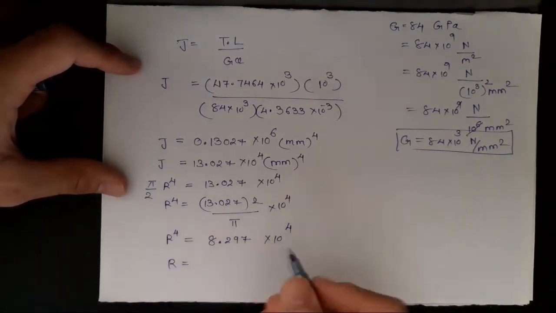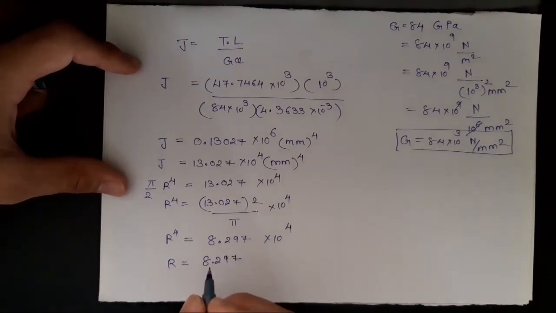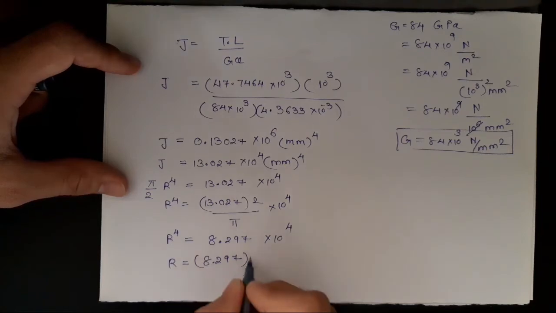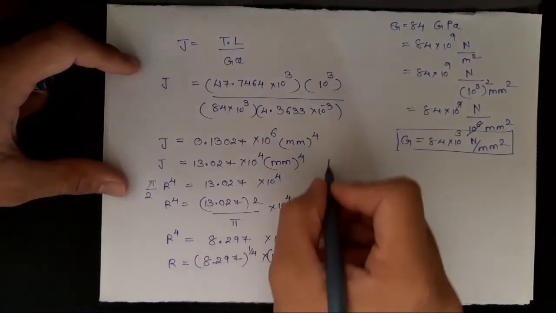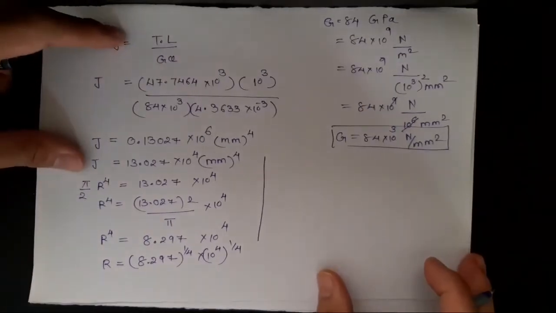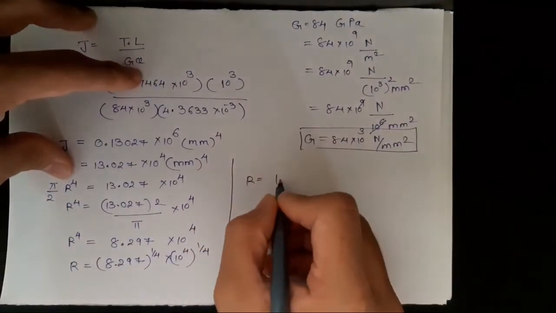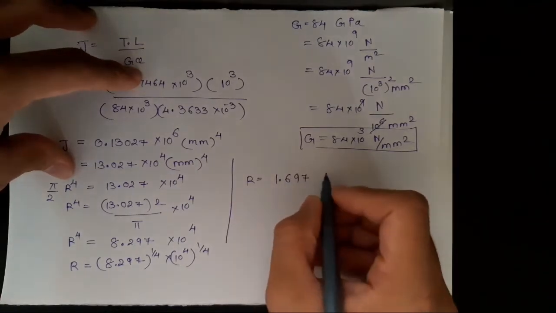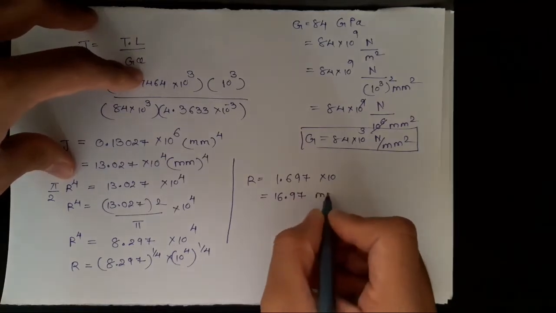Now in calci we can calculate this: 8.297 raised to 1 by 4 into 10 raised to 1 by 4. So r equals to 1.697 into 10, so it will be 16.97 mm.